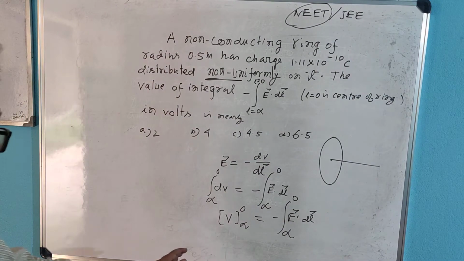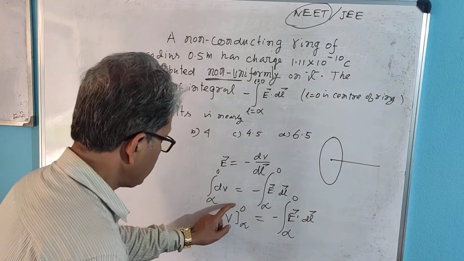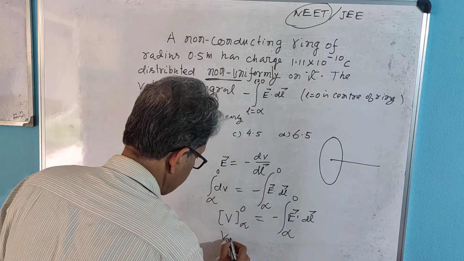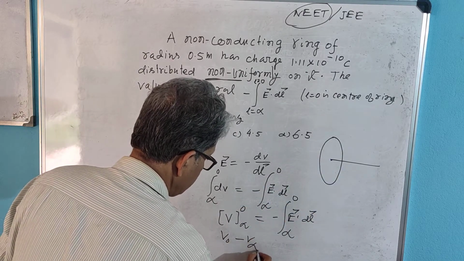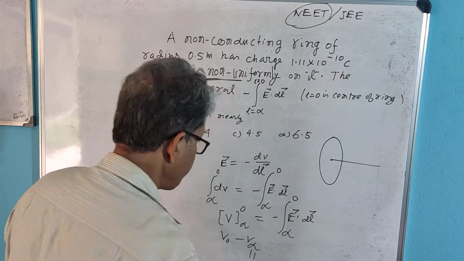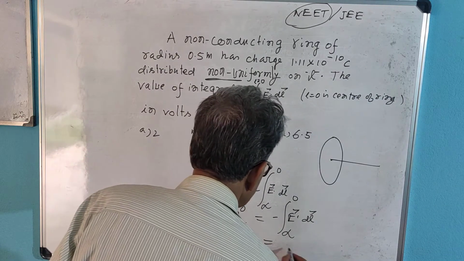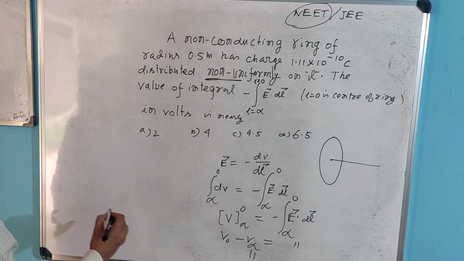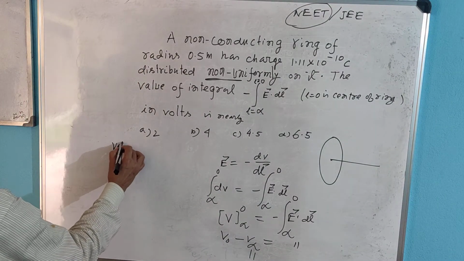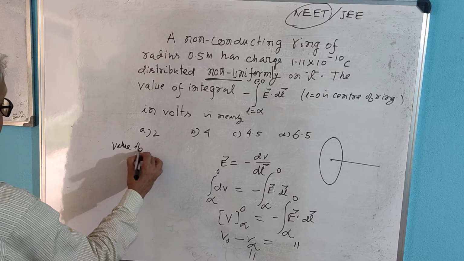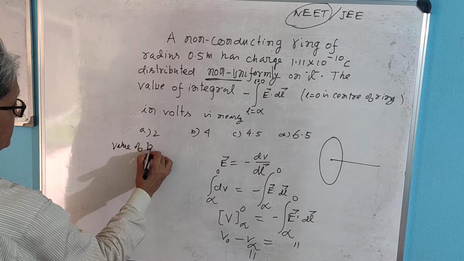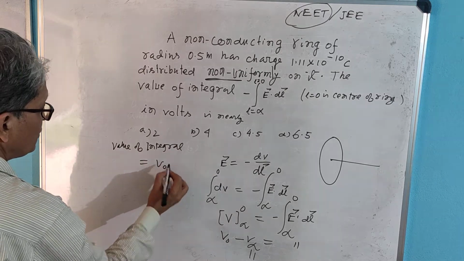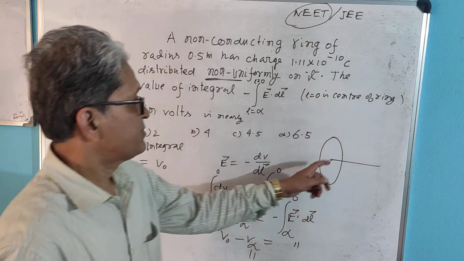So the upper limit is 0, that means the potential at the center, V0, minus V infinity. You know V infinity equals 0. So this is the value of the integral, V0, the potential at the center.